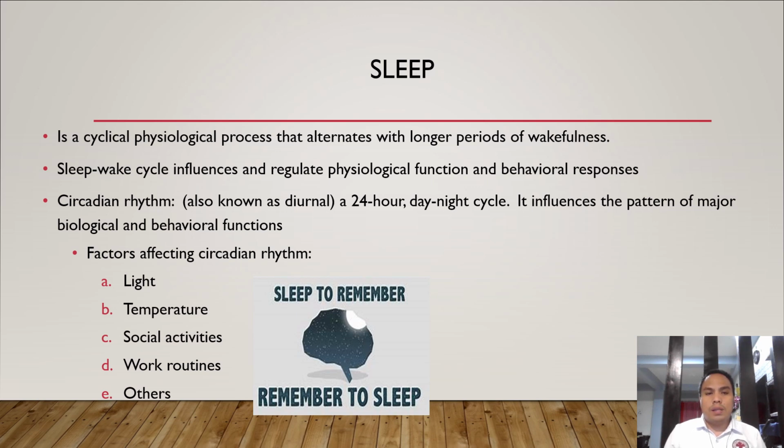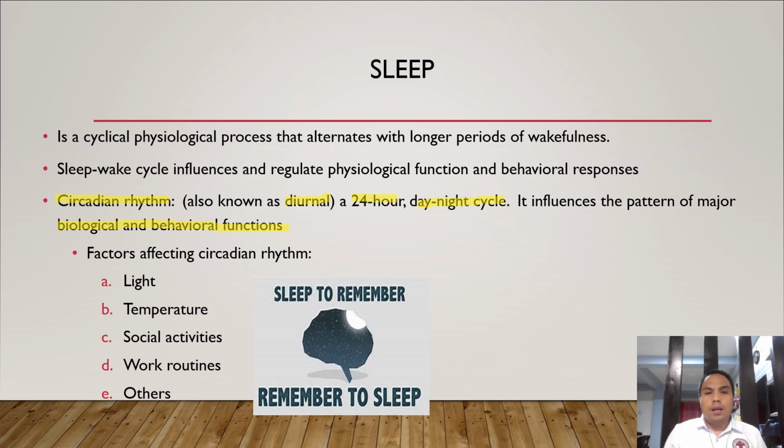We have the circadian rhythm, also known as the body clock. The circadian rhythm is a 24-hour day and night cycle that influences the patterns of our major biological and behavioral functions. So pag sinabi nating circa, that means about, and dies means day.